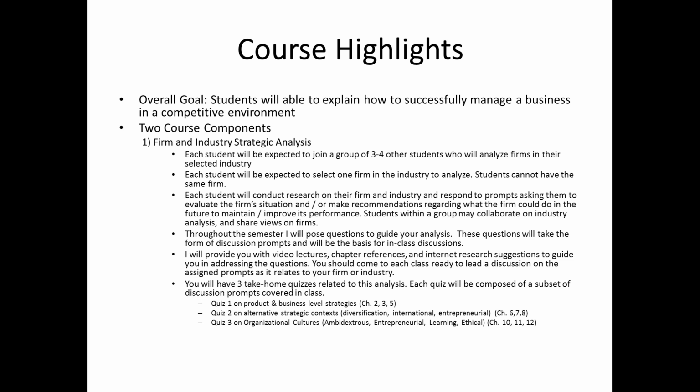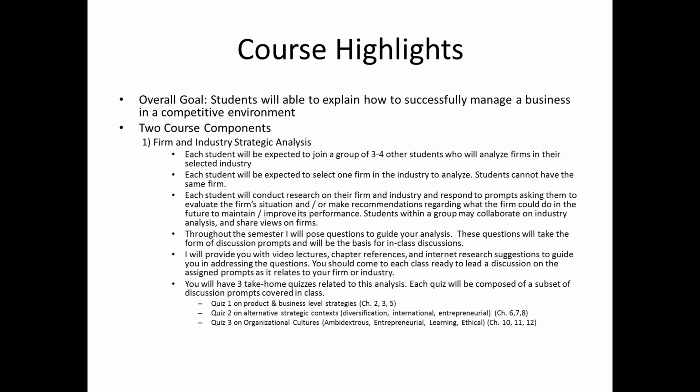As part of that, each student should join a group of 3 or 4 other students who will select an industry. So an industry might be like the entertainment industry or the auto industry or electronics or something like that. You can pick whatever industry you want as a group, but as a group you get one industry.